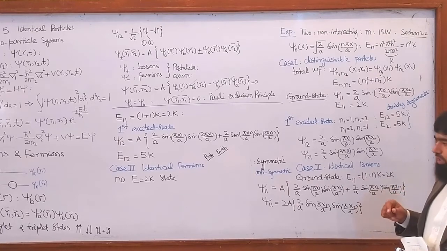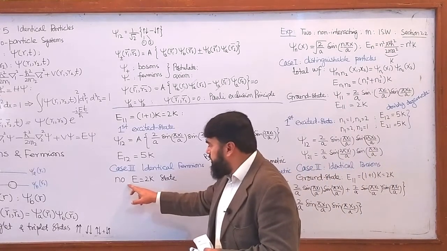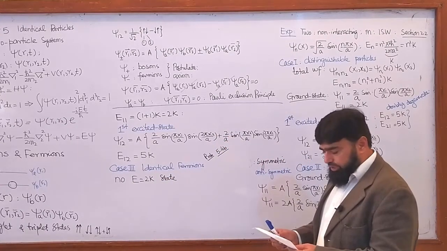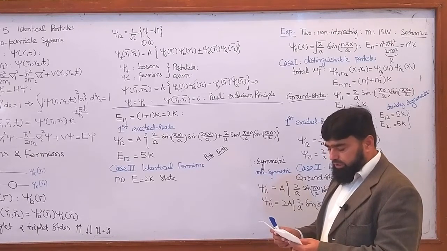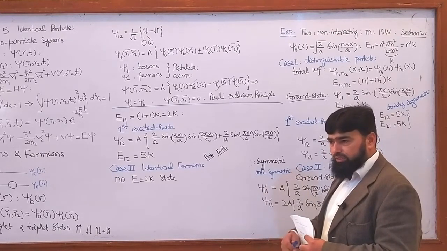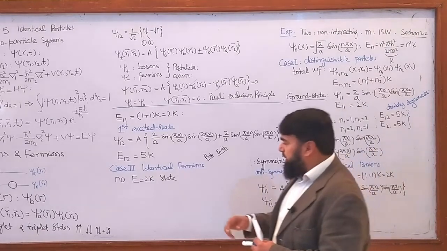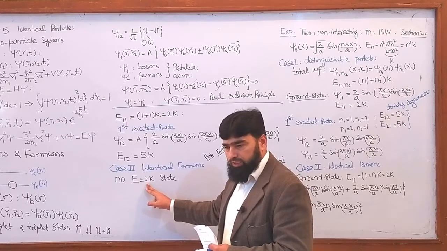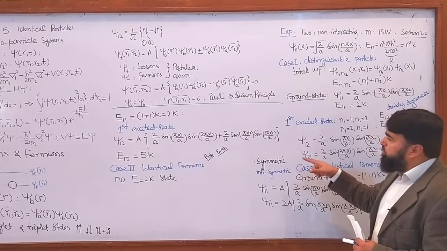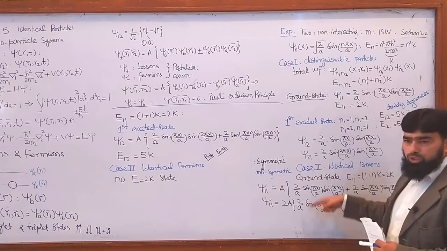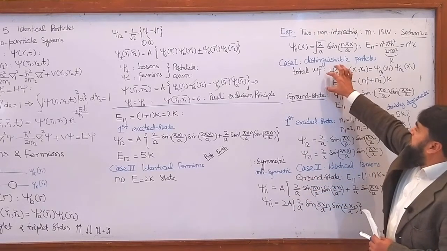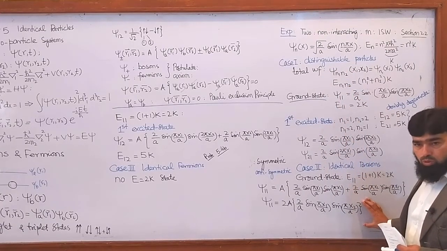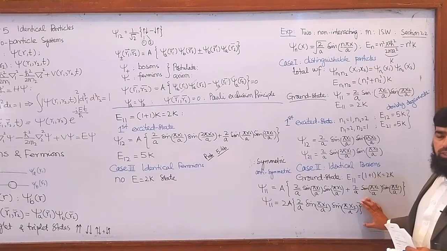So we have no state with energy 2k. Clear? And then what about the ground state? E equal to k is the ground state, for the distinguishable particles as well as for the identical bosons. E equal to k is the ground state.